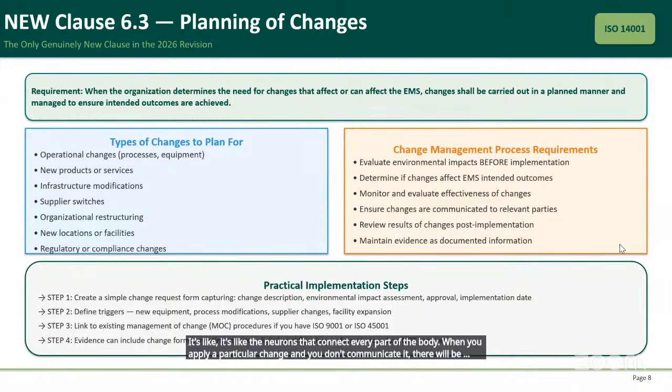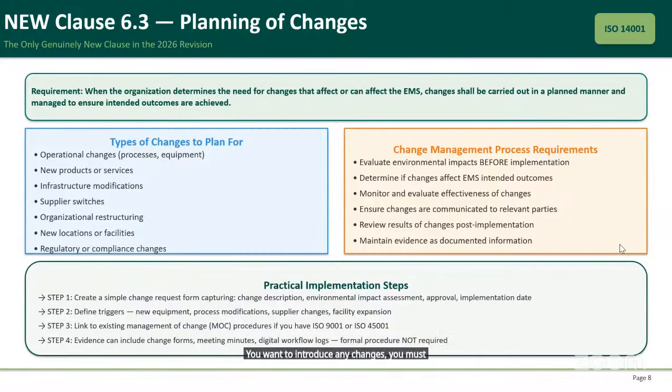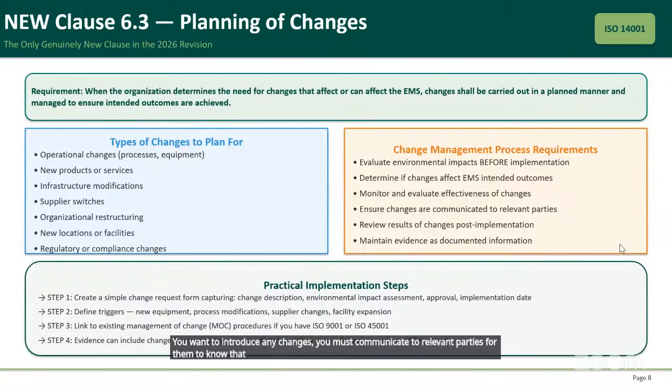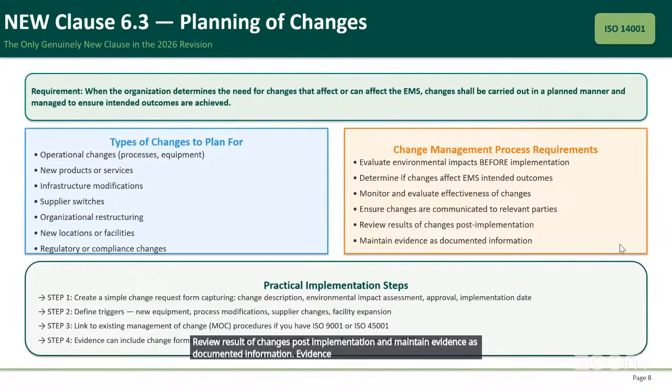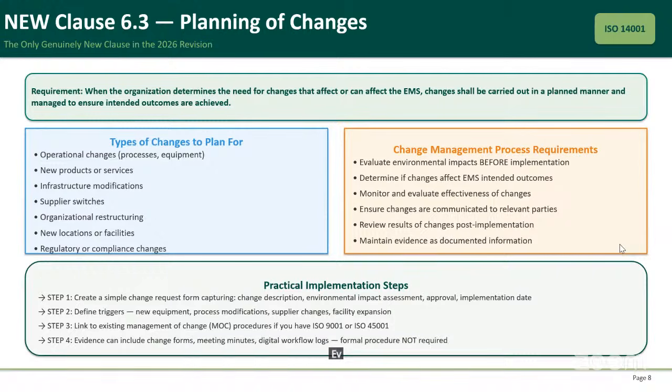If you want to introduce any changes, you must communicate to relevant parties so they know that this and this has changed in our processes. Then review the result of changes post-implementation. After implementing, what is the result of these changes? Maintain evidence as documented information. Evidence of this review and of these changes must be documented in your processes.